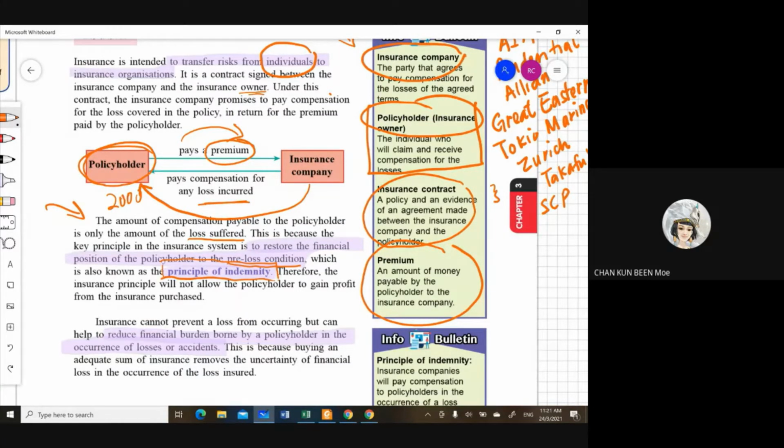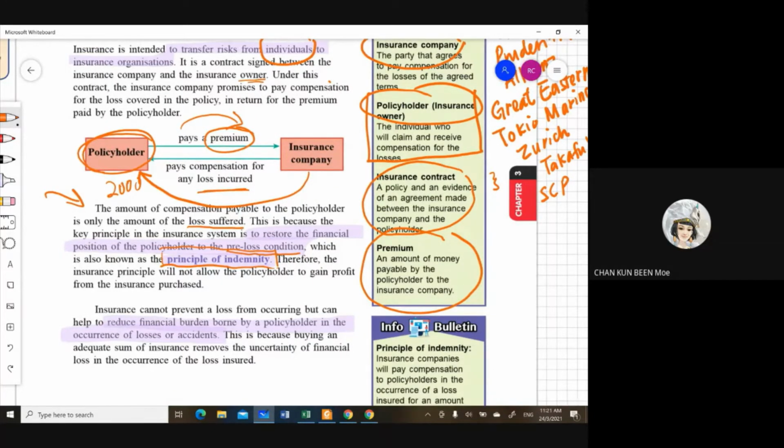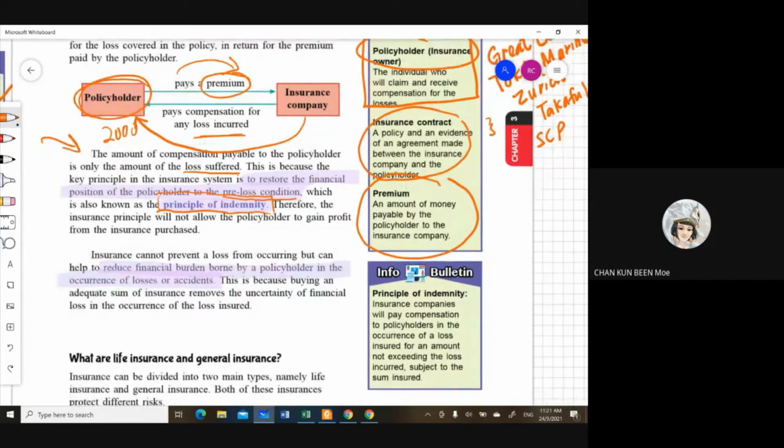On the right of the info bulletin over here, the meaning given is a bit different from this one. That is to restore the financial position to the pre-loss condition. Then you look at this one, it's a bit different, so it's up to you which one you want to choose. Principle of indemnity over here means the insurance company will pay compensation to the policyholder in the occurrence of a loss insured for an amount not exceeding the loss incurred, subject to the sum insured.